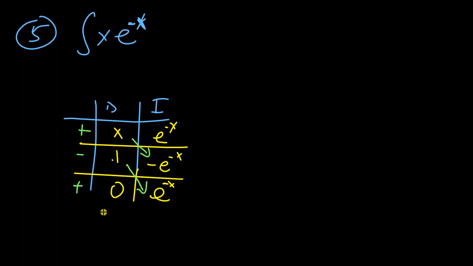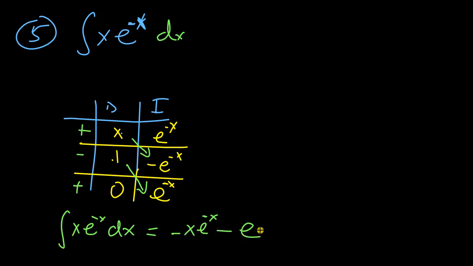Multiply the corresponding columns, so the integral of x e to the negative x, I should have said here with respect to x, that's going to be x times negative e to the negative x, that's negative x e to the negative x, alright, minus 1 times this, that's minus e to the negative x, plus a constant of integration, and there we have it.